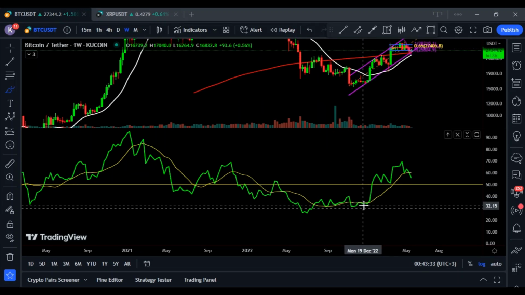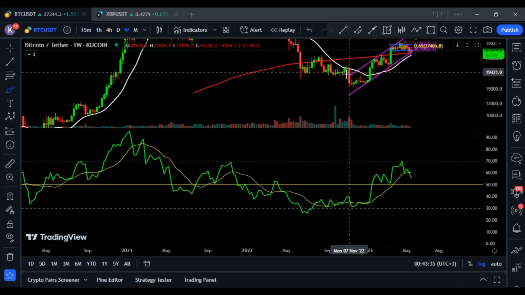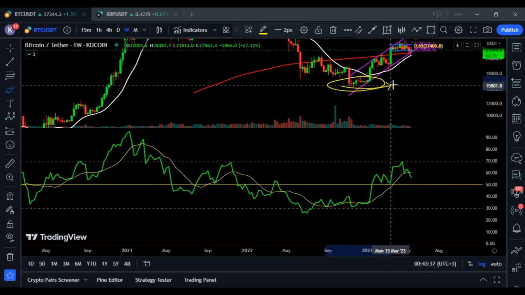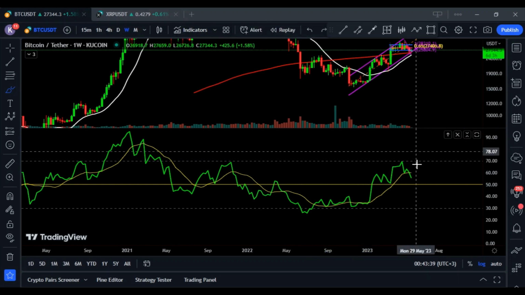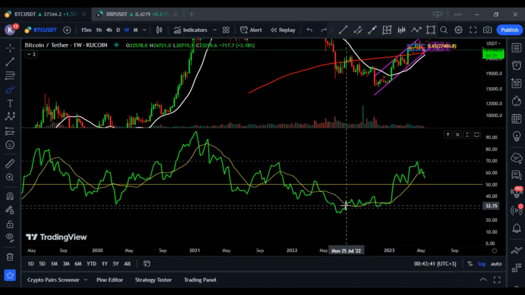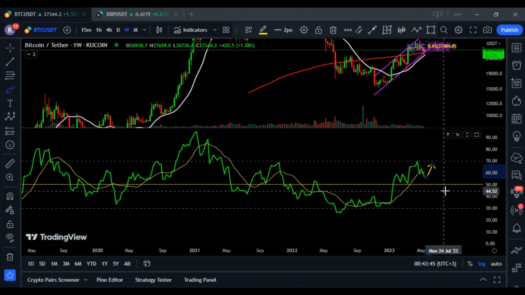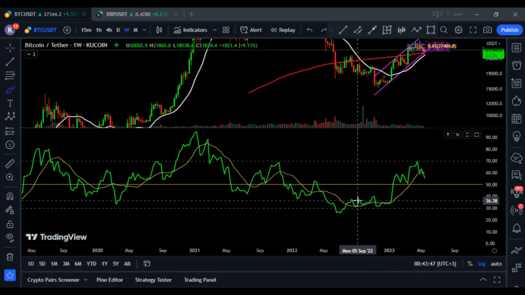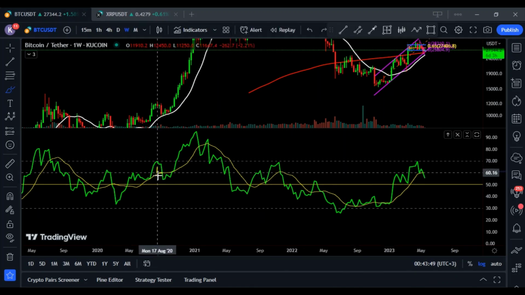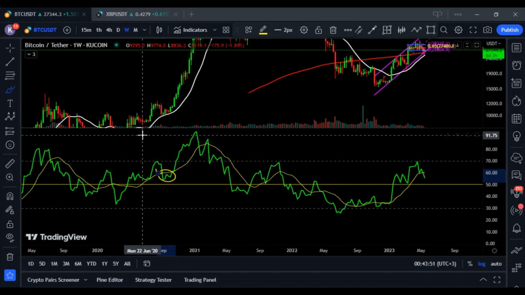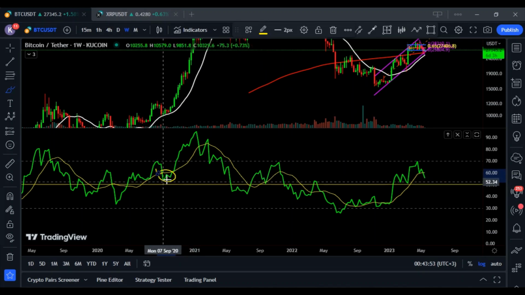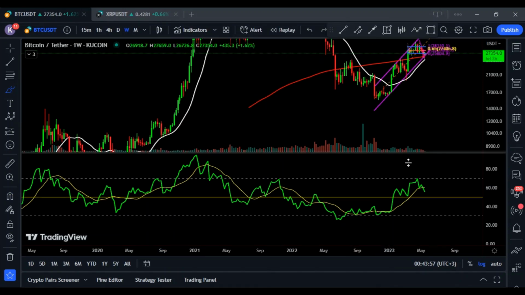We can dip below it and then come back and grind, and that would take a couple of weeks. On some occasions we did come back, but again, by the end of the week this might flip to the upside, and we might have something like this, or even something like this around this area. So again, this is something to keep an eye on and something to notice.